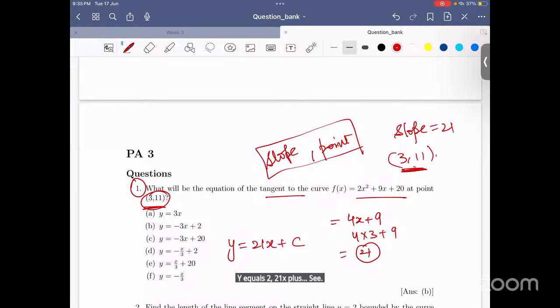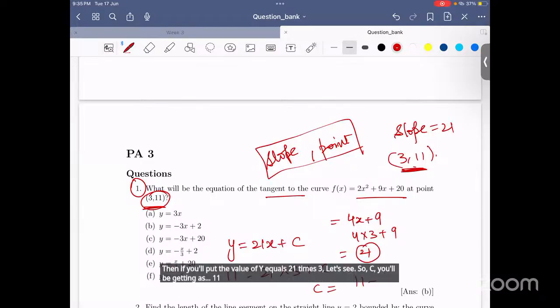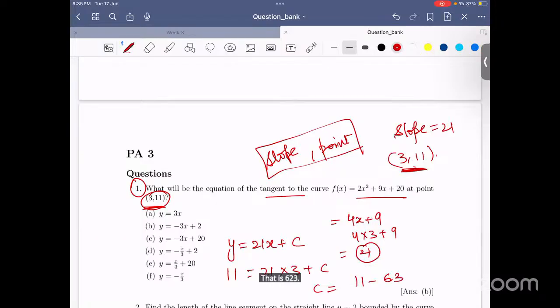It should pass through this, so if you put the value, 11 equals 21 times 3 plus c. So c you'll be getting as 11 minus 21 into 3, that is 63, minus 52. So none of the options is correct. Right? I think there is some error, I guess.